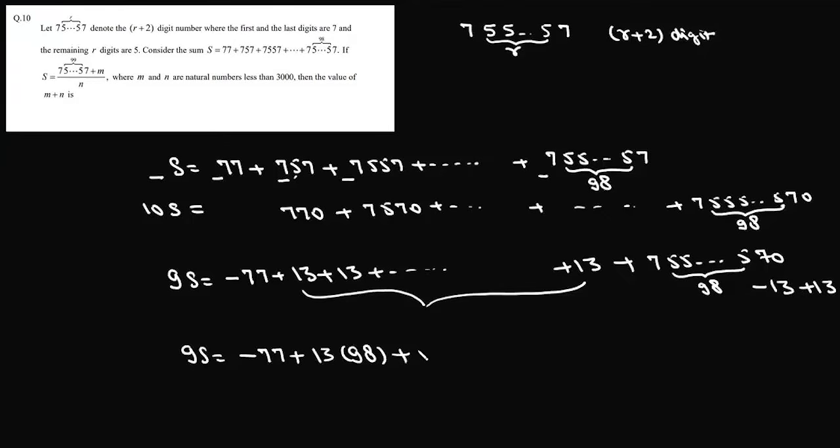So here we'll add 13, and if we subtract 13, it'll become 7, 5, 5, 5, 5, 7, and now this is 99 times 5.